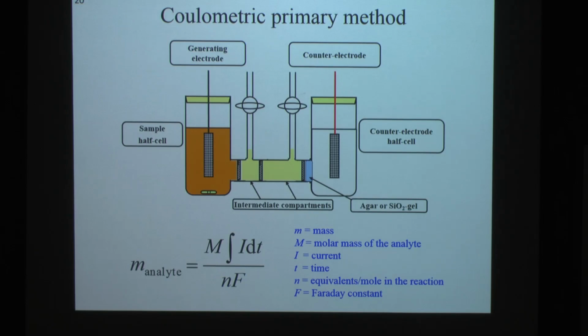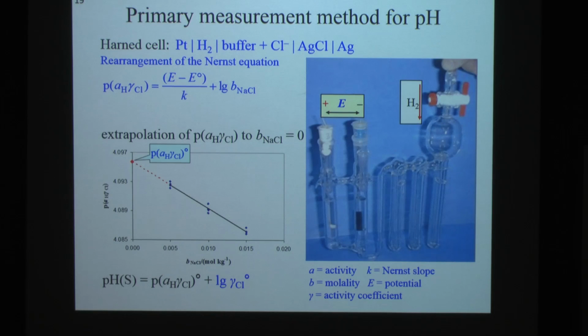And I might say here, for measuring pH of seawater, this cell can be used the same way. You don't do the extrapolation with addition of chloride to a chloride-free buffer because seawater is full of what? Chloride. So you have seawater, and then you have different additions of hydrochloric acid, and you extrapolate that back to 0.